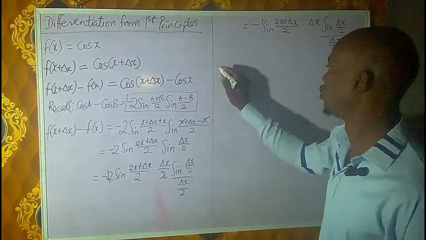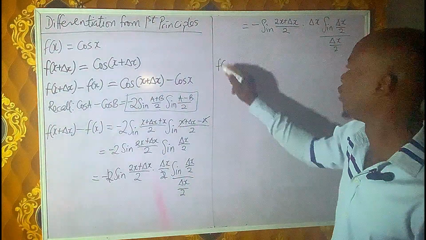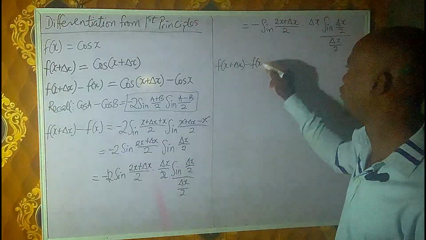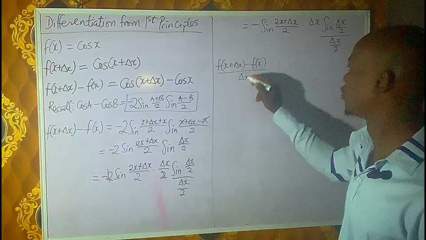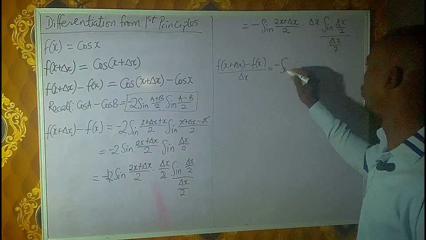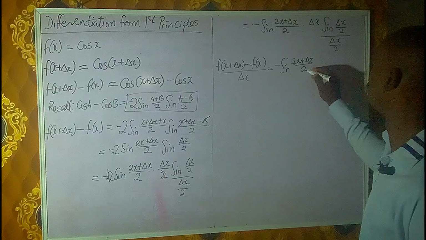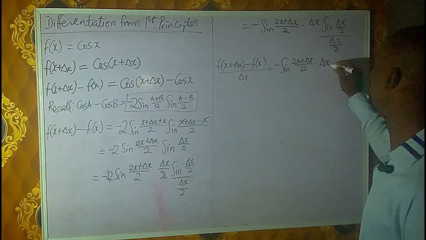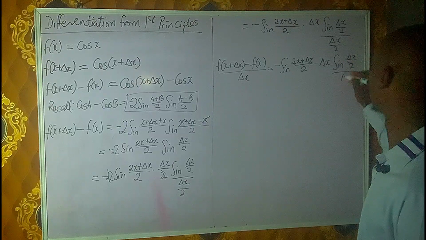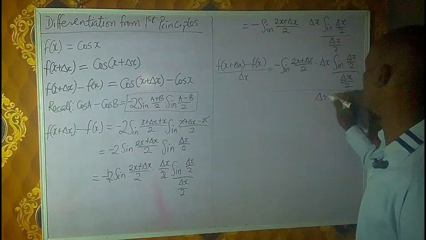It says we should divide both sides by delta x, which means I'm going to have f of x plus delta x minus f of x all over delta x equal to everything we have here, which is minus sine of (2x plus delta x) over 2, times delta x times sine of delta x over 2 over delta x over 2, all over delta x.